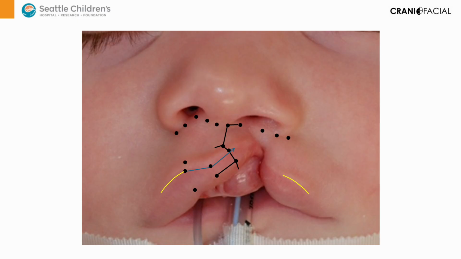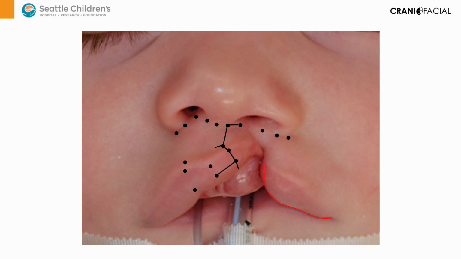We need to find a point along the lateral lip that is going to come together with the medial lip, reproducing the shape and form of the Cupid's bow on the non-cleft side. I've highlighted that a little bit in yellow. This is the Nordhoff point.